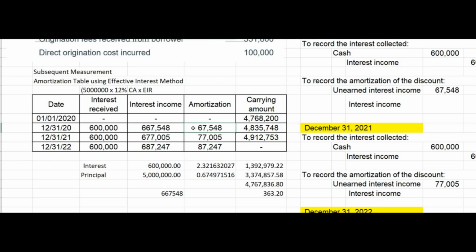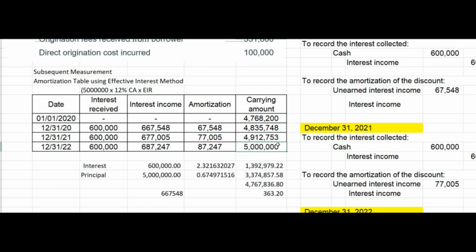So, that amortization, you're going to add it to the carrying amount of your loan. Why add? Because we want that after 3 years, the balance of the loans receivable will equal the face value. So, this should have been that much plus this much. So, you'll have 5 million.